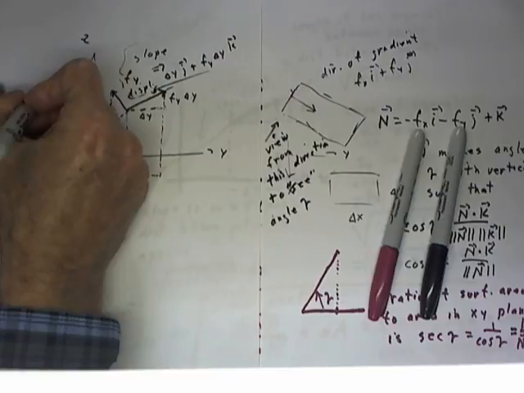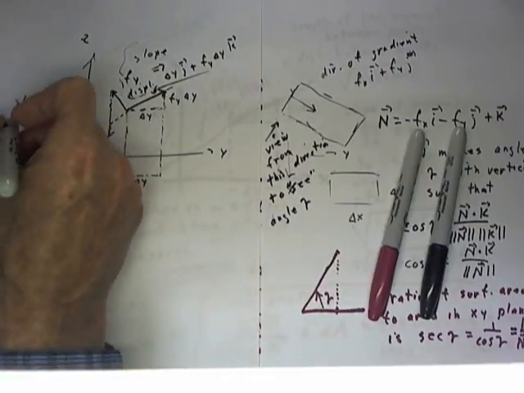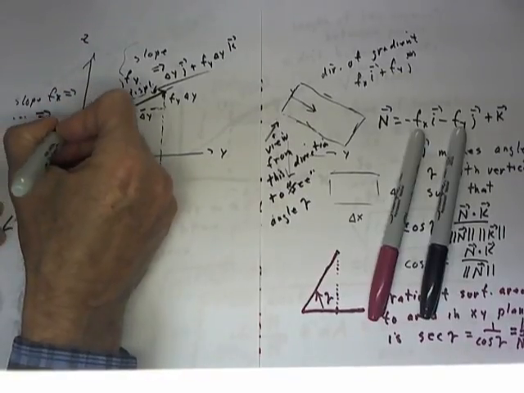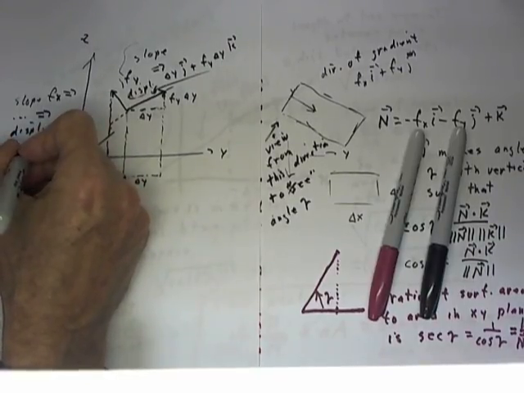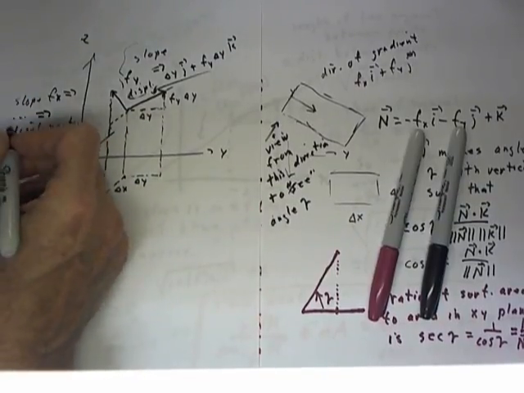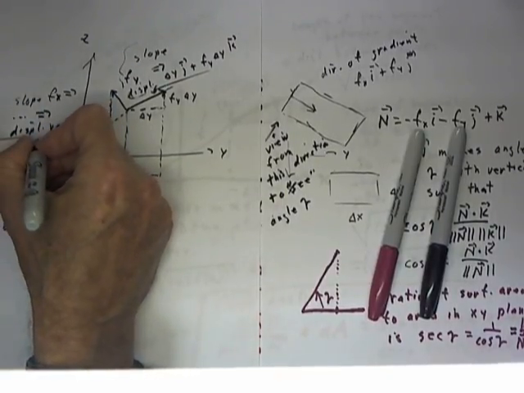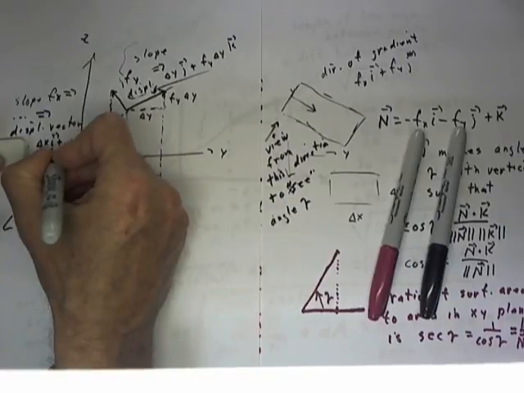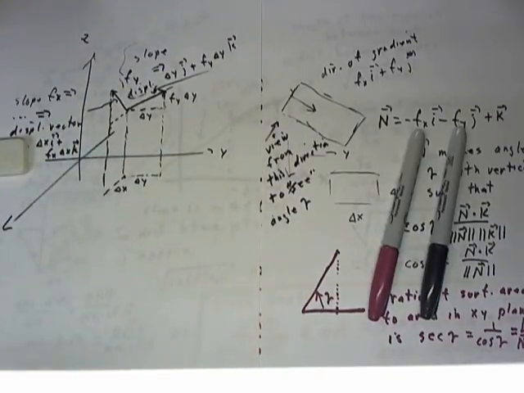The slope now is Fx, and by a completely analogous argument, this implies a displacement vector, delta x i plus Fx delta x k, and that's going to be our displacement vector here.